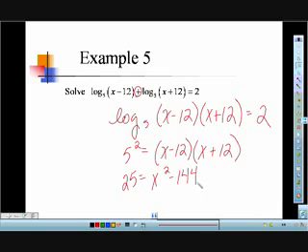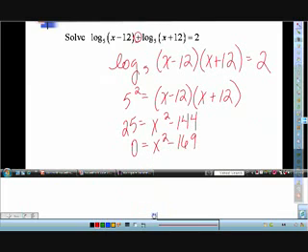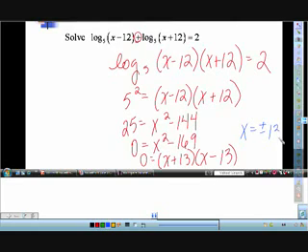I can subtract the 25, and I'll have 0 equals x squared minus 169. And then to factor that, that's going to be 0 equals x plus 13 times x minus 13. And when I set each of those equal to 0, I'm going to get x equals plus or minus 13.